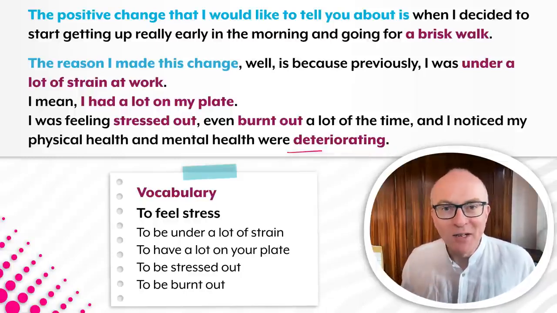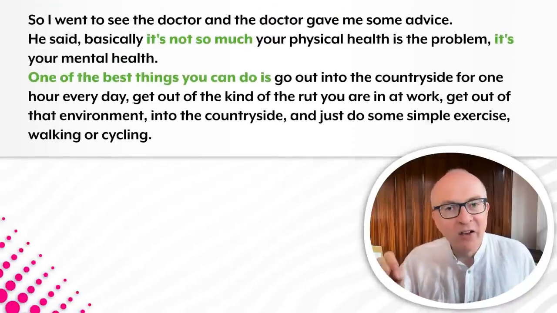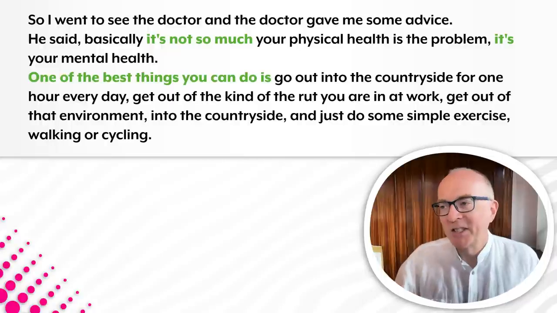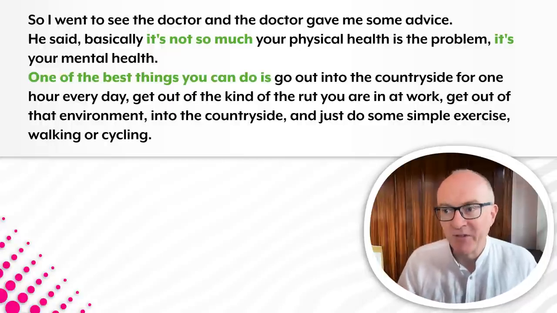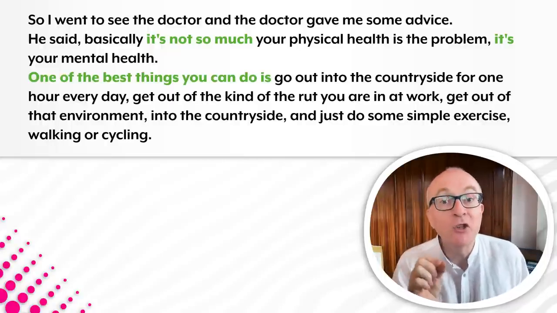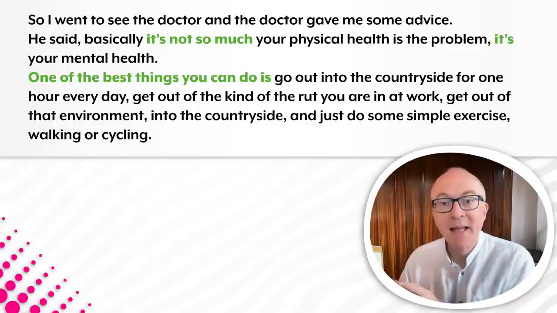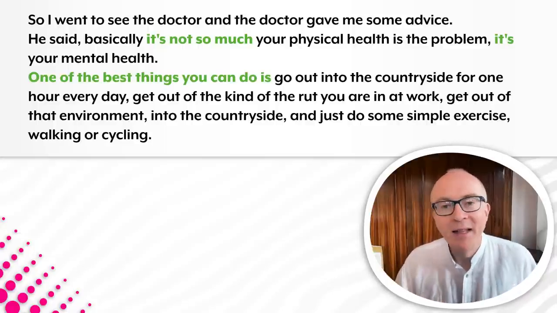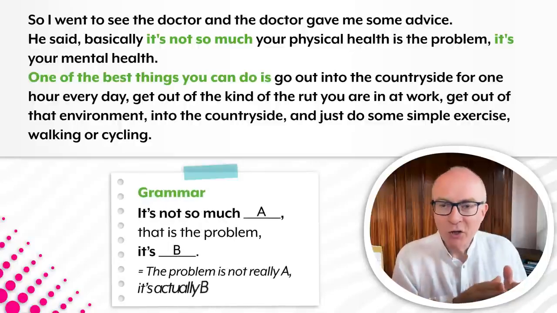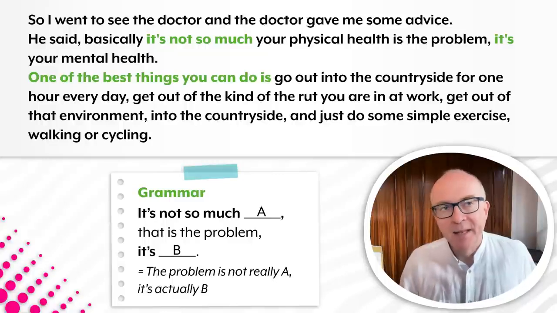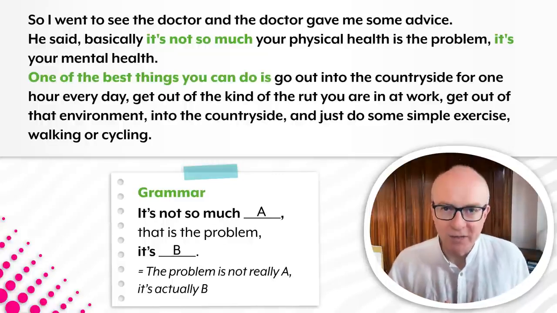Okay, lovely. Moving on. Here I've just picked out some grammar items in green. So I went to see the doctor and he gave me some advice. He said, it's not so much your physical health that's the problem, it's your mental health. Now this structure, it's not so much A that's the problem, it's B, is just emphasizing.